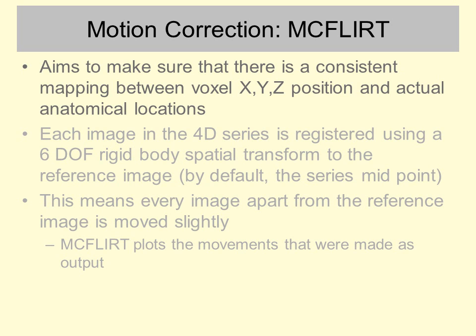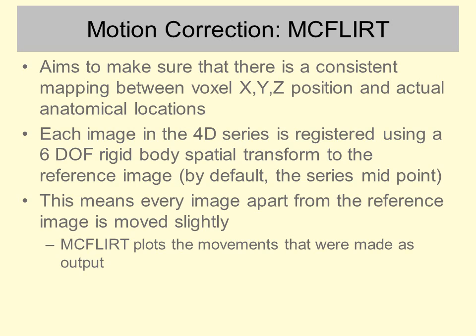And it does it using the 6 degrees of freedom rigid body transformation that I spoke about in the last lecture. And it does it by registering every image to the series midpoint image. So what that means is that every image apart from the reference image in the middle of the series has been moved slightly, and the output from McFlirt is a plot of those movements.